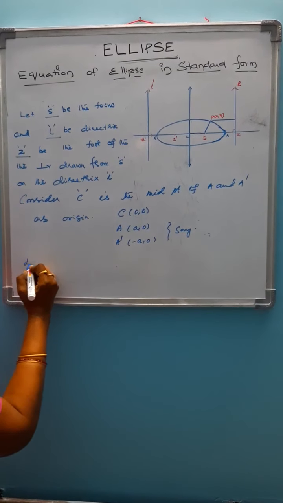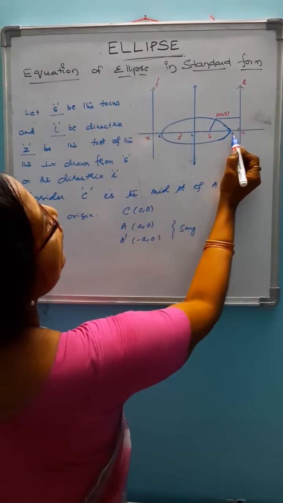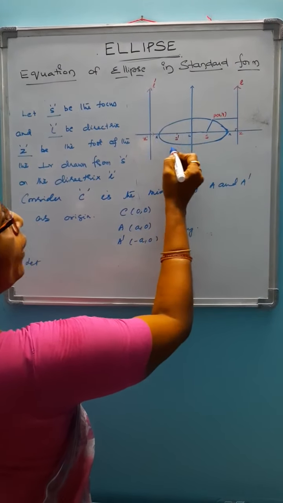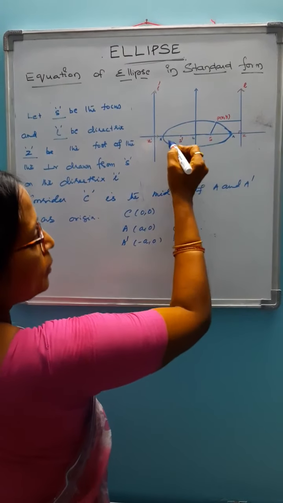Let A and A dash be two points on the ellipse.